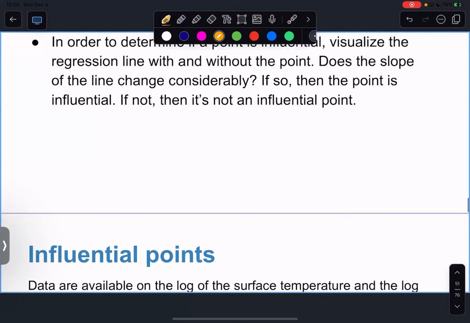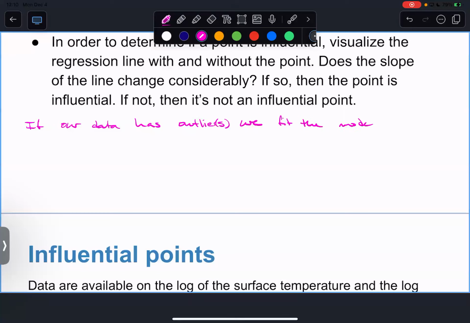But overall, if our data has outliers, we usually fit the model, which is the line, with all the data. Figure out what the slope and the intercept are.